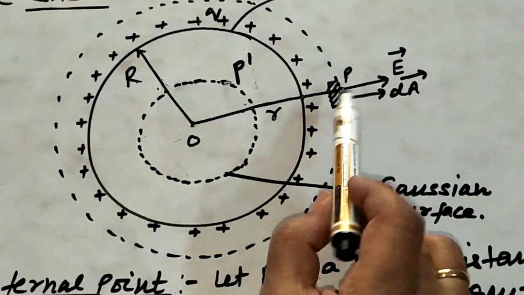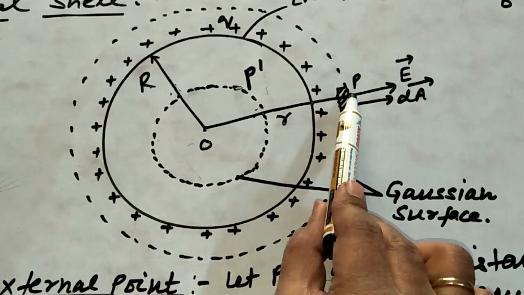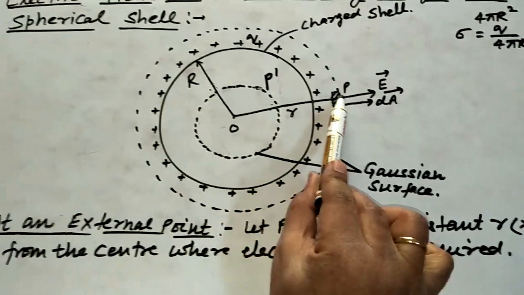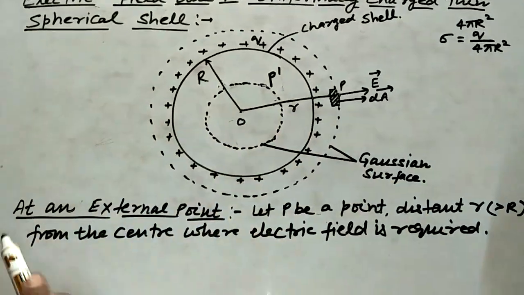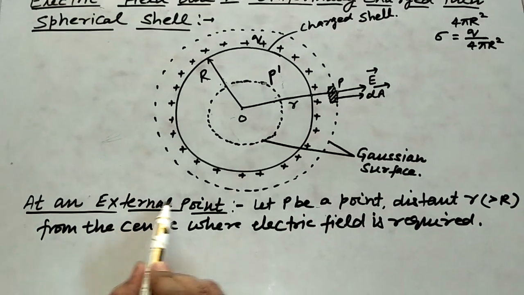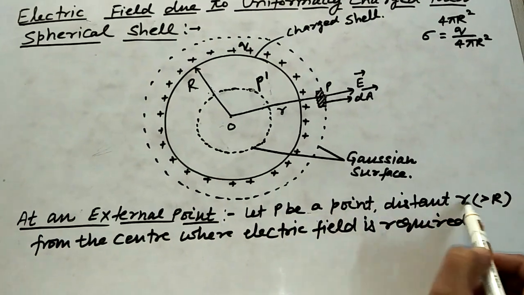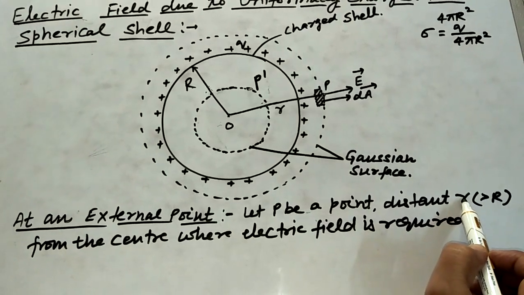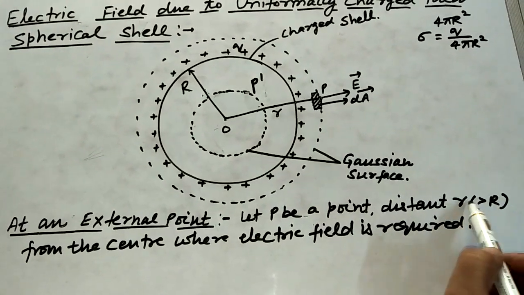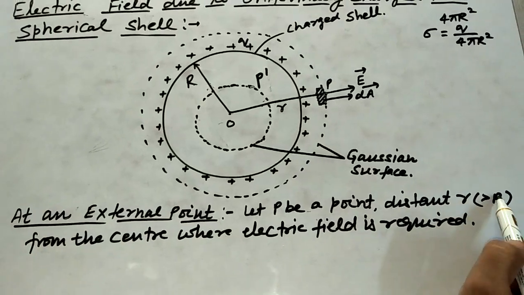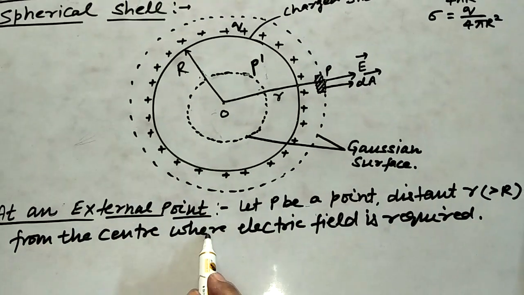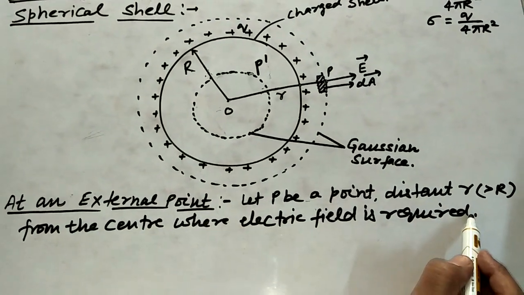So first our aim is to find the electric field at point P, and that point P lies outside the cell, so that is an external point. Let P be a point at distance small r, where small r is greater than capital R, meaning the point P lies outside the cell, from the center where the electric field is required.